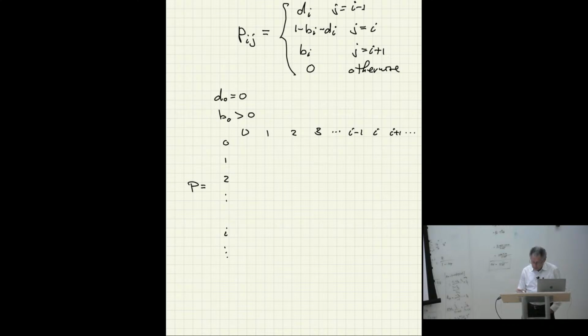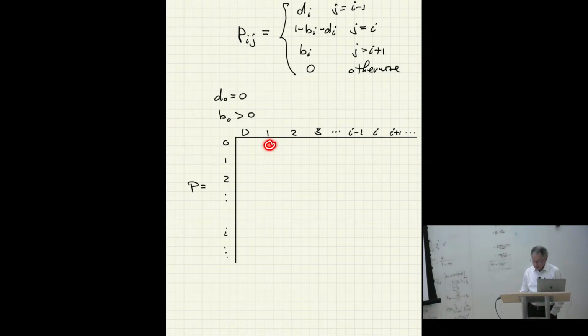Okay, so let's. And this is the matrix I'm drawing now. Okay, so what is the entry for 0, 0? Well, let's make it simpler. What will this particular entry be?